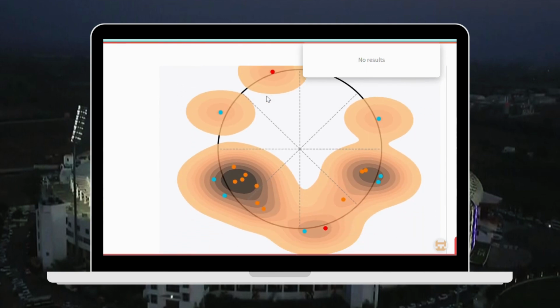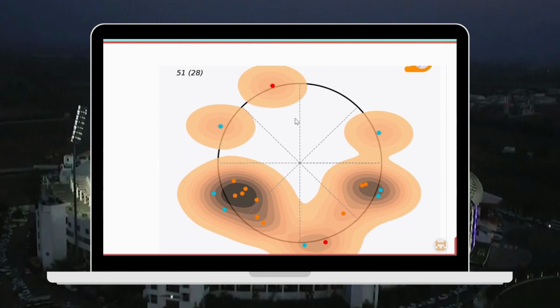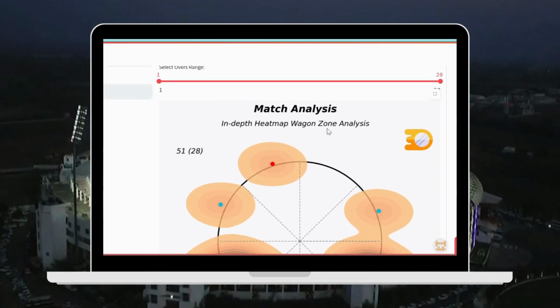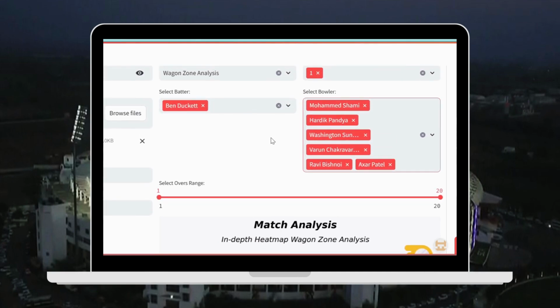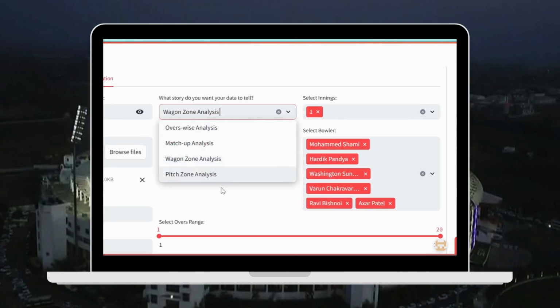You can see that his wagon zone analysis suggests that, as he is a left-handed batsman, he scored the most number of runs in the mid-wicket and covers regions, especially mid-wicket, because of the bat flow and the backlift he has. You would expect one to play on the on side more than the off side, and this graphic suggests that in many ways. So Ben Duckett played well for his 51, especially against Washington Sundar. He counter-attacked him pretty well. So this was the wagon zone analysis of Ben Duckett.